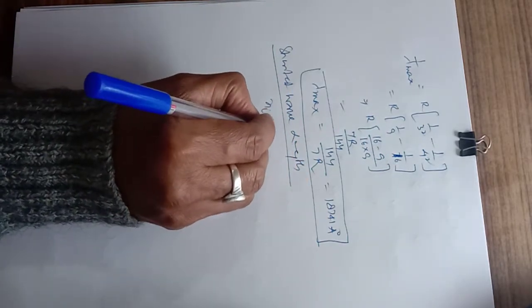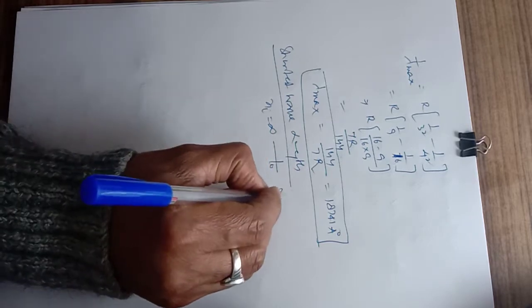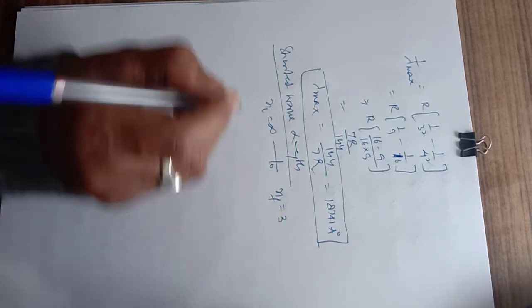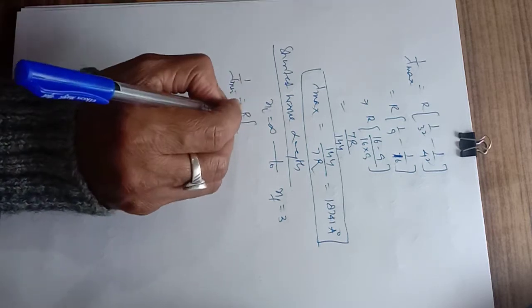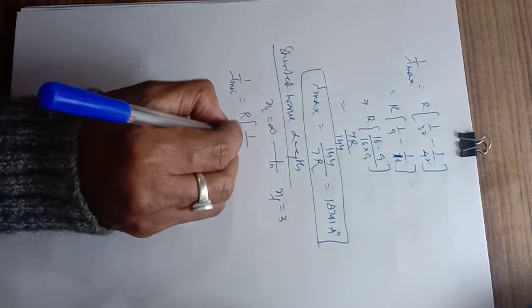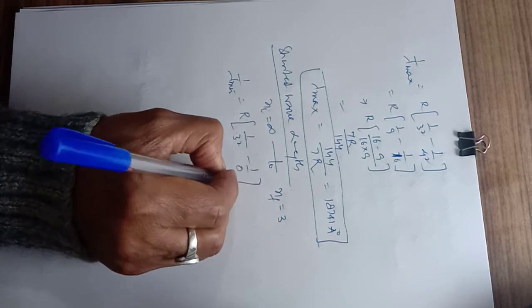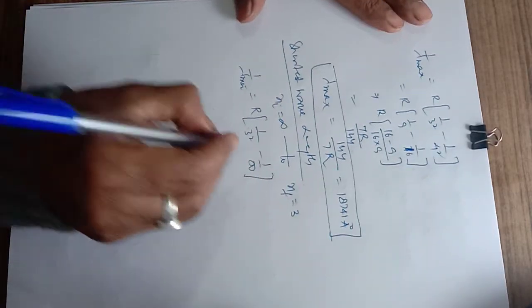Now the shortest wavelength, when ni is equal to infinity to nf is equal to 3. So 1/λ minimum is equal to R(1/3² − 1/infinity²).